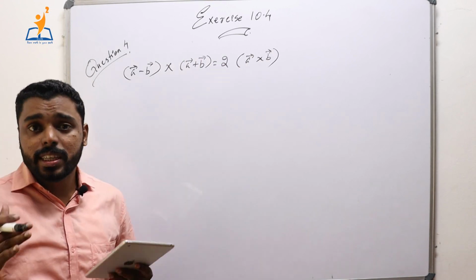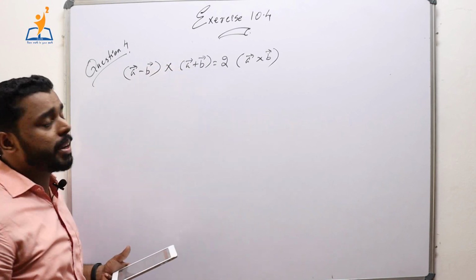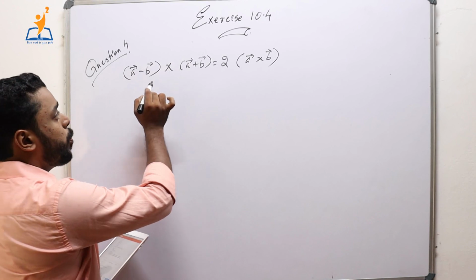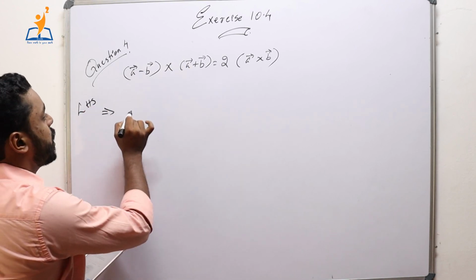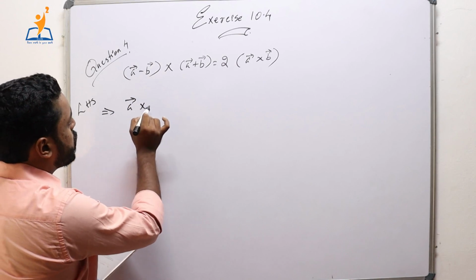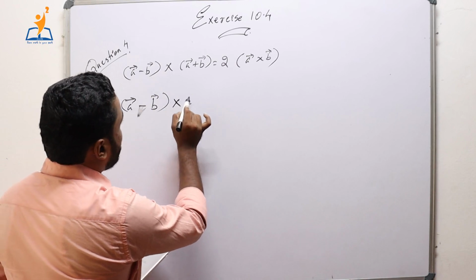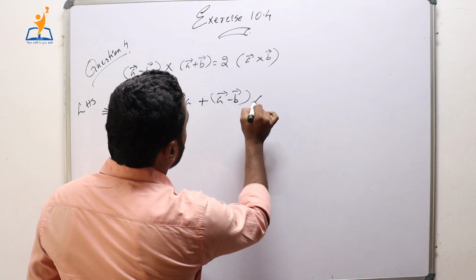We always can, it is possible for us to elaborate this bracket using the distributive property. We know that the distributive property can be easily applied in the LHS, so that this will become a minus b cross a plus a minus b cross b.